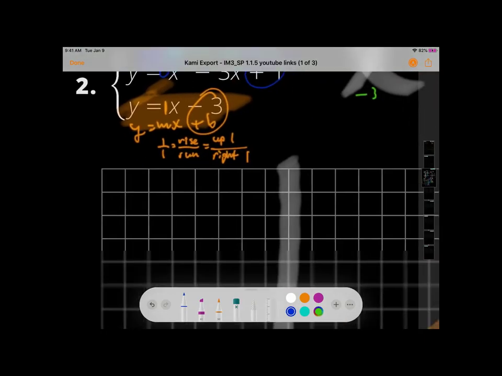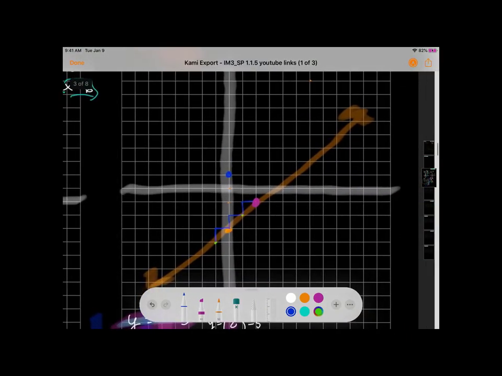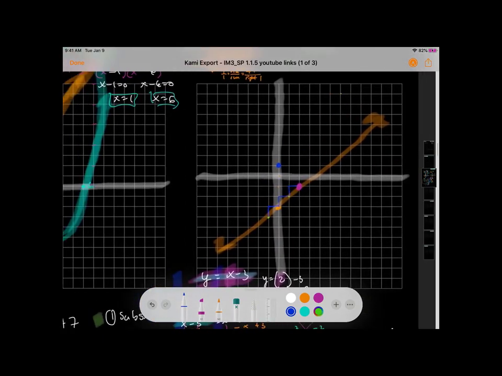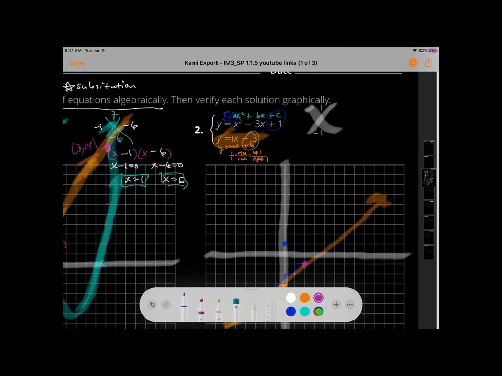So it's going to graph up. So we need to go through there and go through it once. And we pick a color. Let's do blue. Okay, so let's graph that.